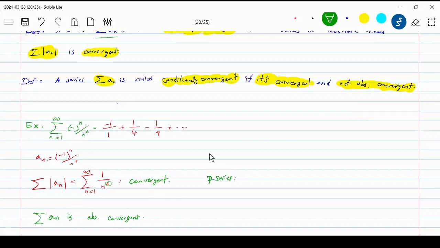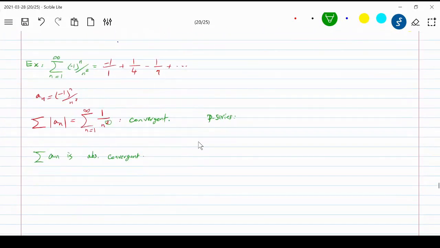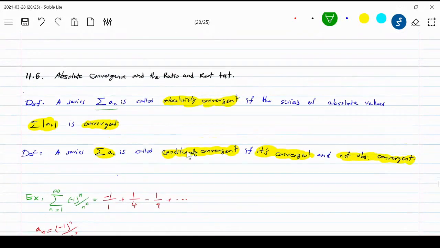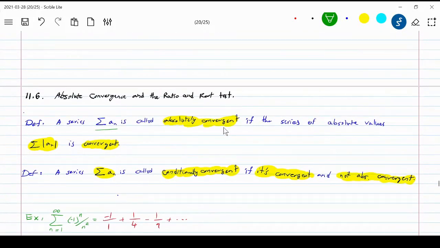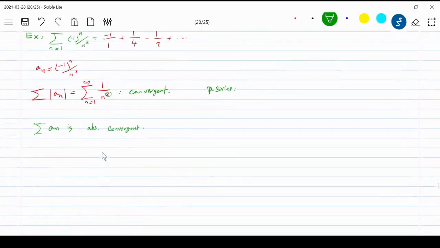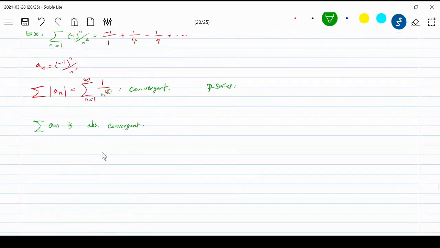That means that if we take the absolute value, the summation is still convergent. That's what it means, so they have absolute convergence. So this is the first case where we have absolute convergence, just because the sigma of the absolute value was convergent.